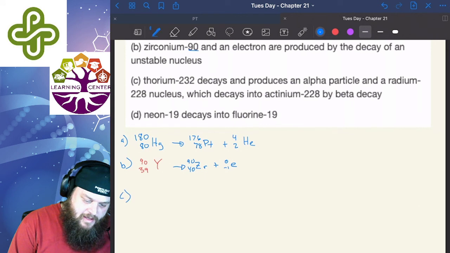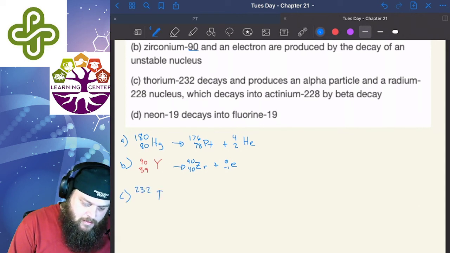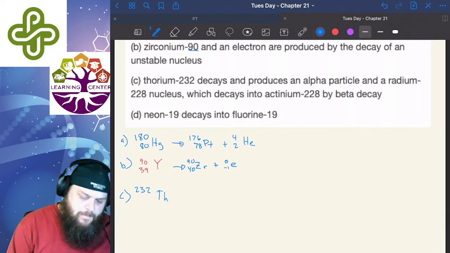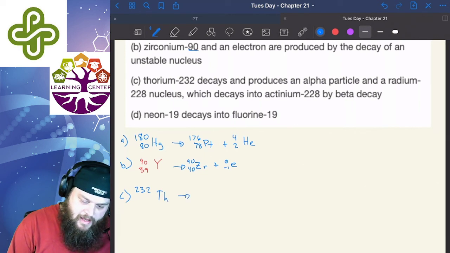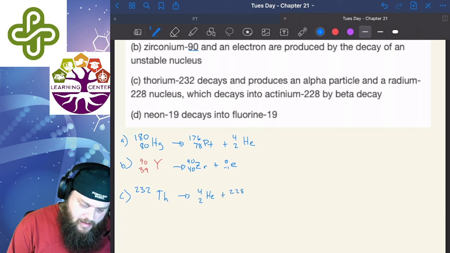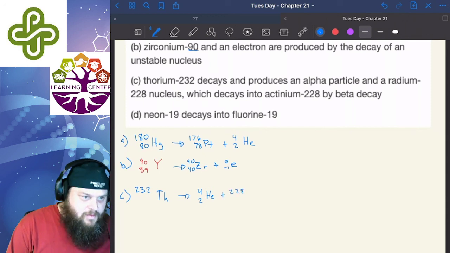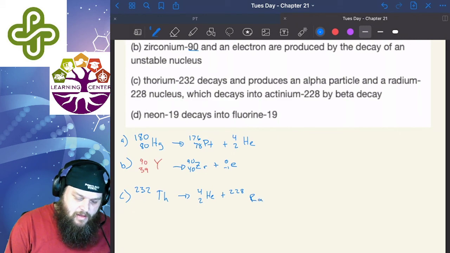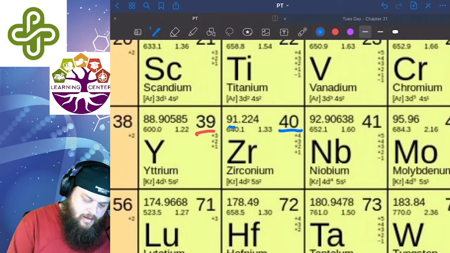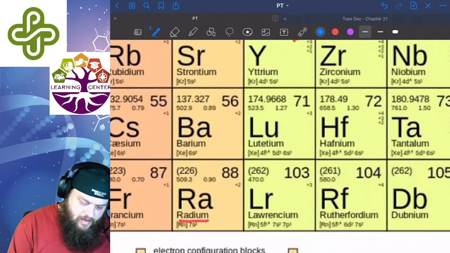For part C, we have thorium-232. I think that is going to decay and produce an alpha particle and a radium-228 nucleus. Radium is number 88.